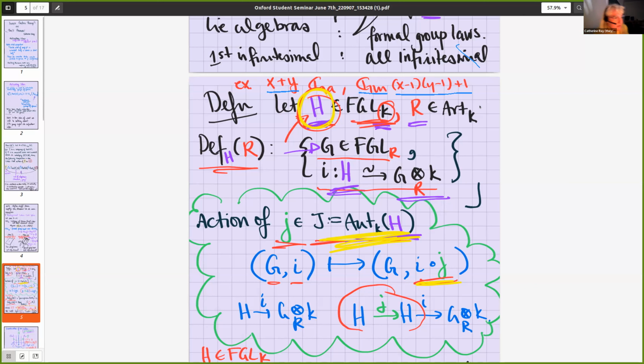Okay, great. So now if we want to look at deformations, we have a formal group, let's deform it. Okay, so what are deformations?